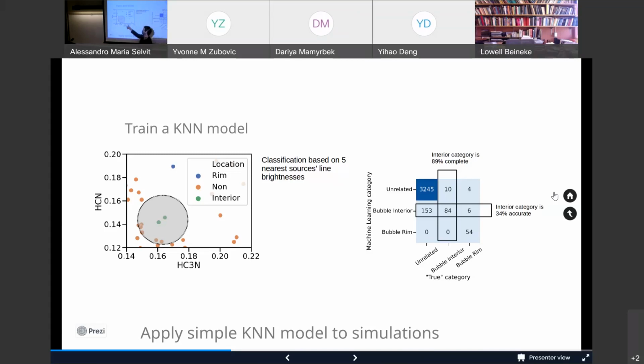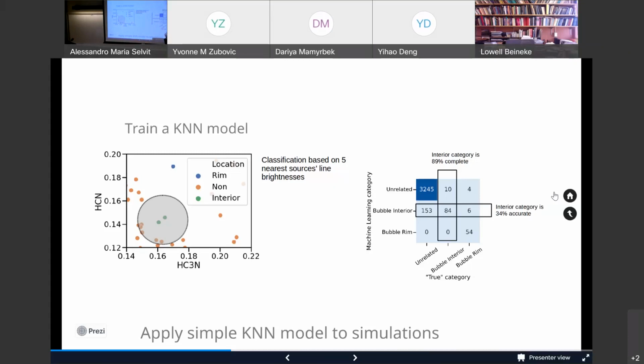So in 2 dimensions, if you only have 2 line strengths, you can think of it as drawing a circle and looking at how many sources in the circle are interior, how many sources are rim, and whichever is the most common categorization produces the prediction for whether it will be rim or interior or not.